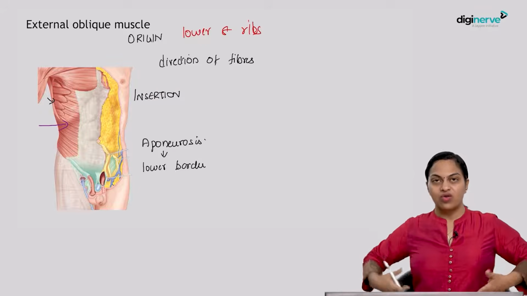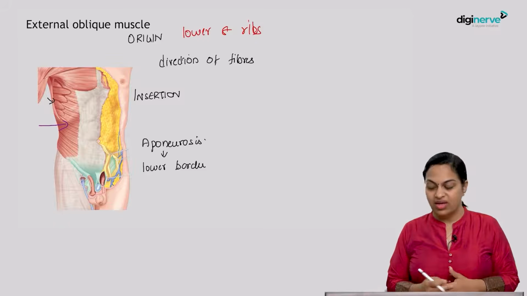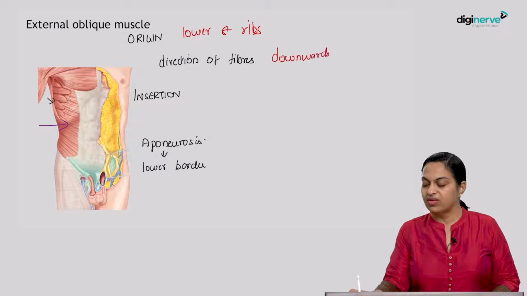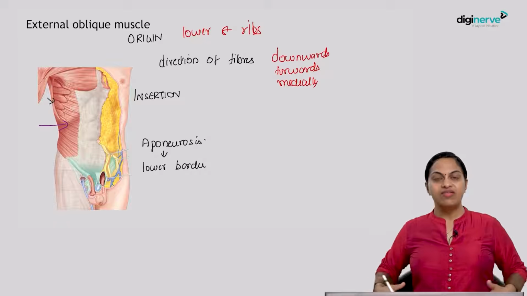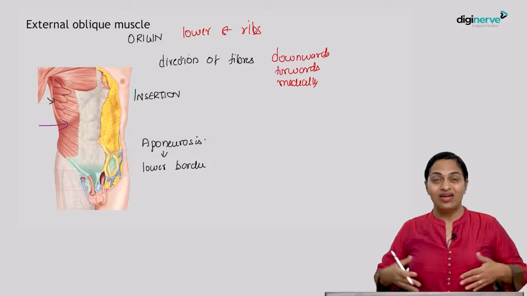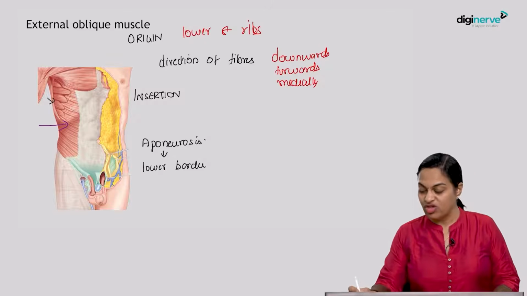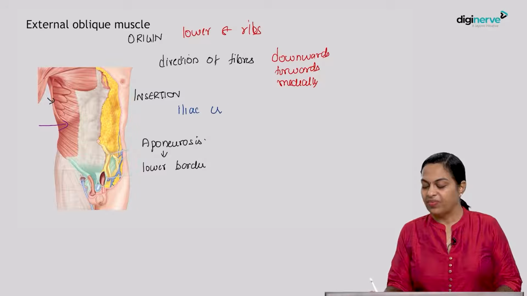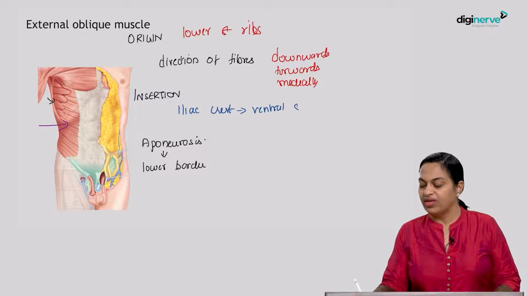The fibers of the external oblique are directed downwards, forwards, and medially, like the hands in the pocket. They come down for insertion into the iliac crest, the ventral segment of the iliac crest, into its outer lip.